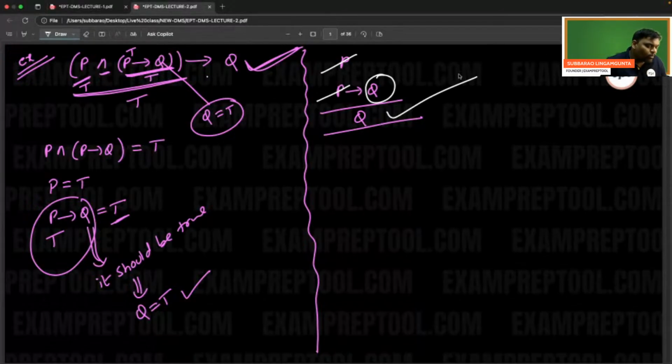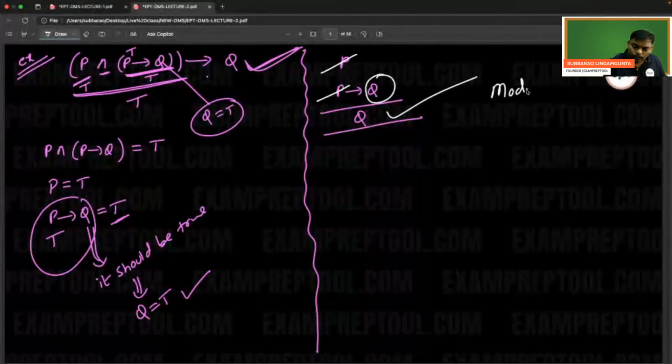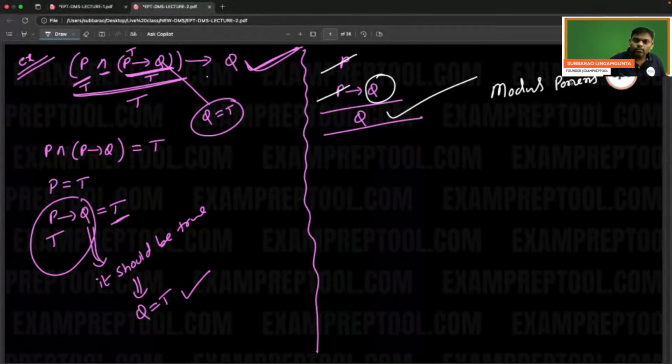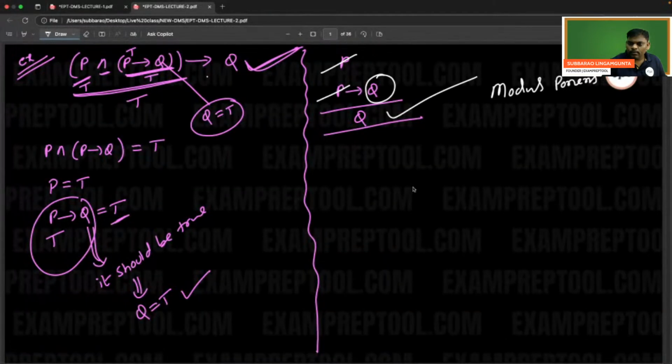They kept a name for this, modus ponens. That is the name for this.